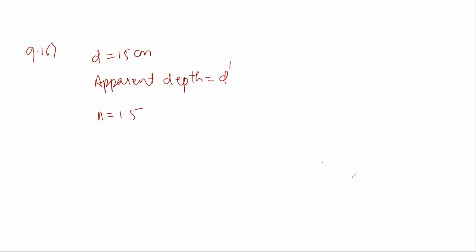So the ratio of actual depth to the apparent depth is equal to the refractive index of glass, and so that is calculated by D dash.